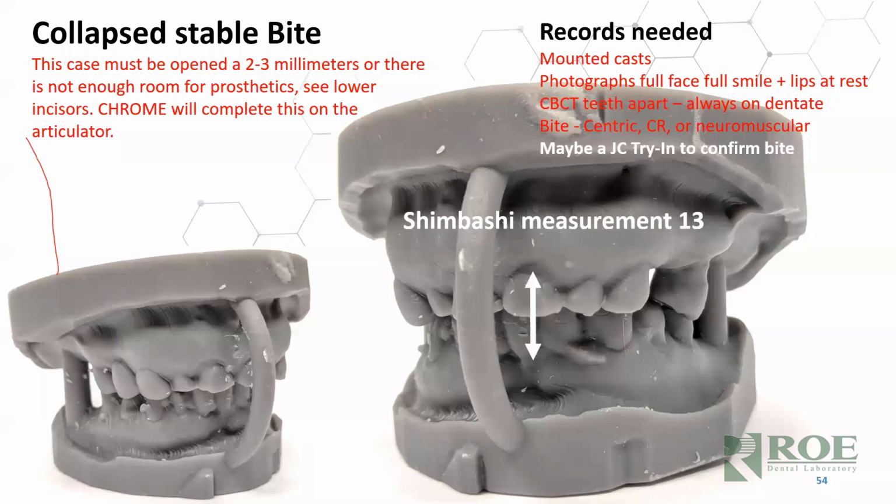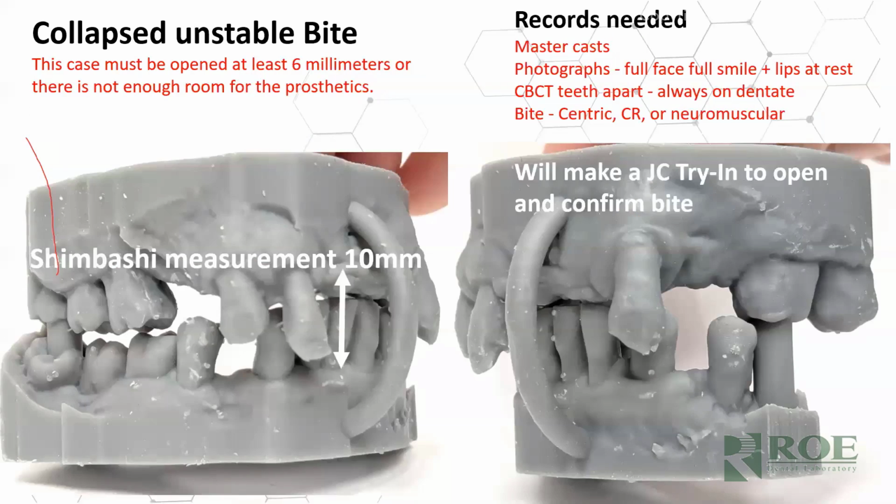But a case like this is kind of straightforward crown and bridge, dentate over dentate records, right? Mounted casts, photographs that we discussed, CT scan with the teeth apart, and then a bite. Probably in a case like this, it would just be a centric, repeatable, habitual bite. And then we make a JC try-in. Many cases are in this situation.